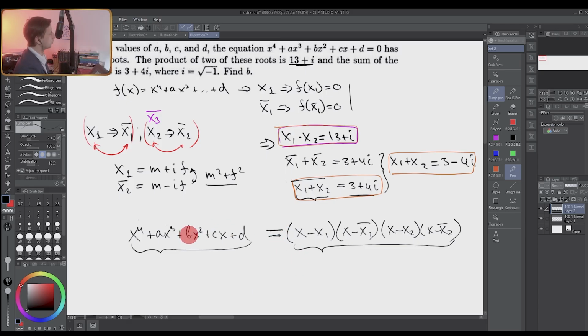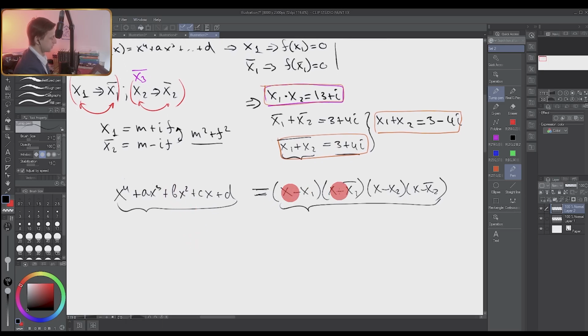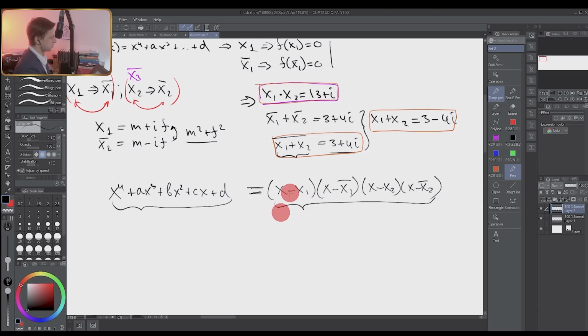Okay, so we will go straight to the solution. We need to find coefficient b. Coefficient b is the coefficient near x squared. And here, if you consider what would be the coefficient with x squared, it will simply look like this. For example, if I take the product of 2 of these giving x squared, then later it will be multiplied by x2 times x2 conjugate.